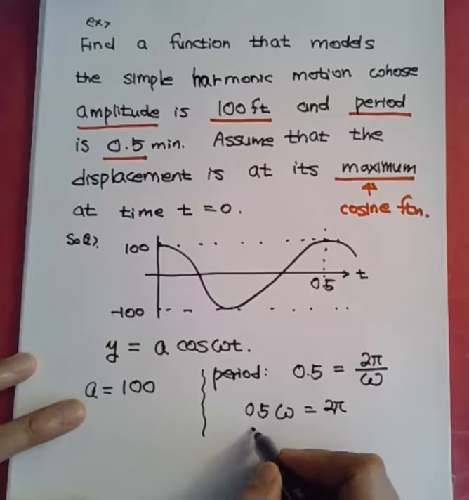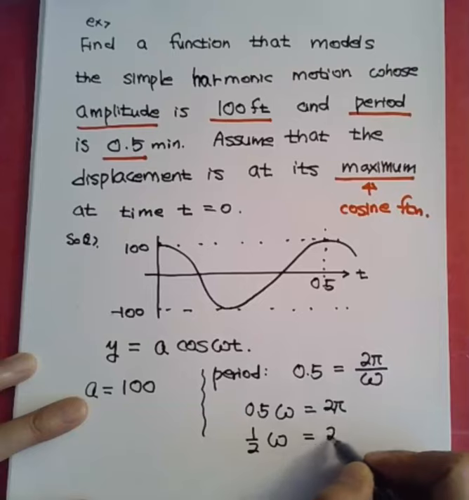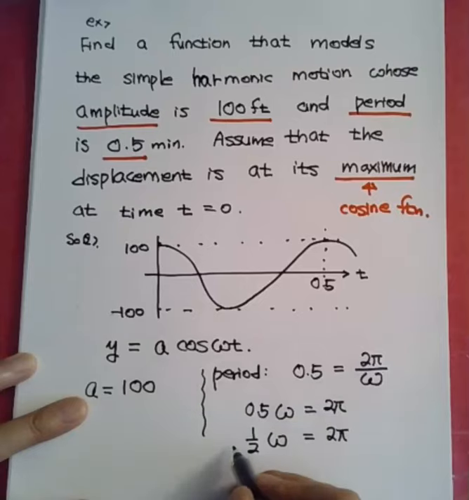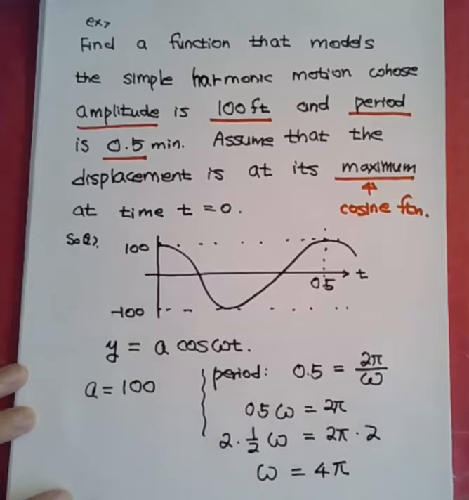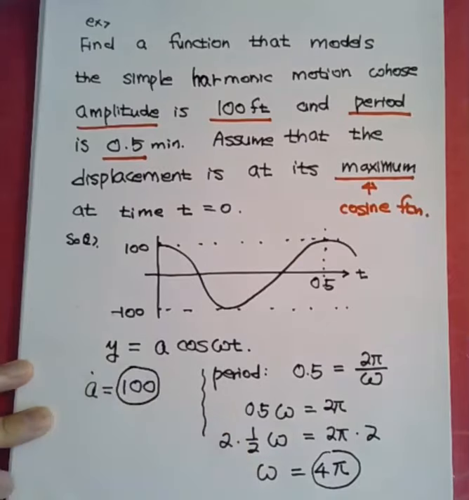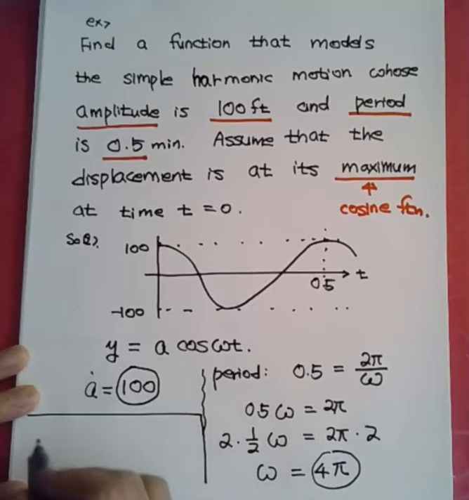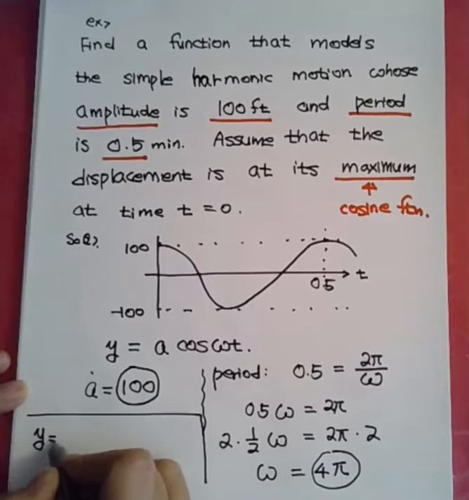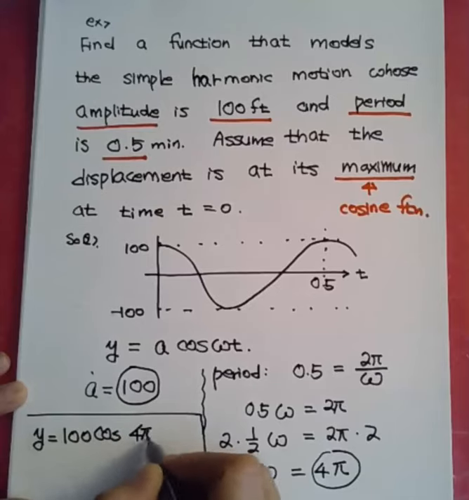And 0.5 is 1/2, so 1/2 omega equals 2 pi. So we multiply by 2 on both sides, then omega equals 4 pi. Once we figured out omega, we can conclude the problem by combining with A. So the final answer for this question is y equals 100 cosine of 4 pi t.